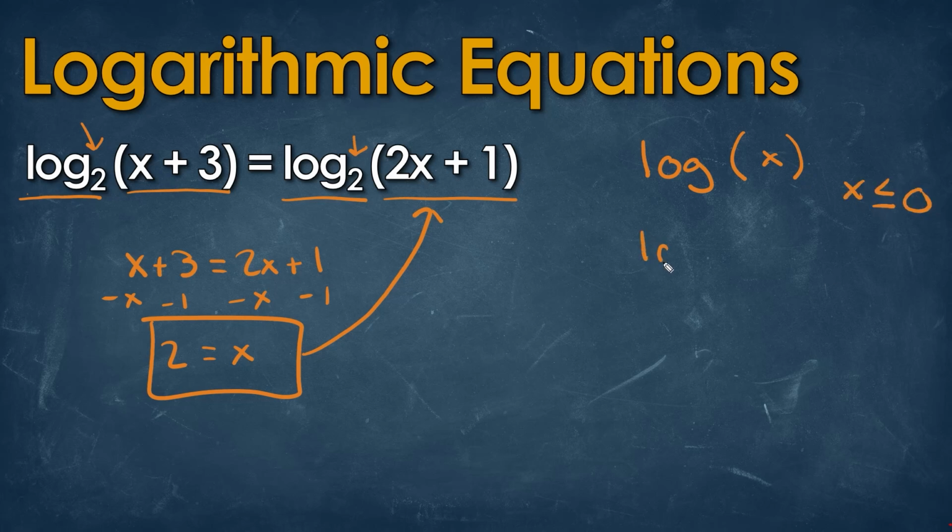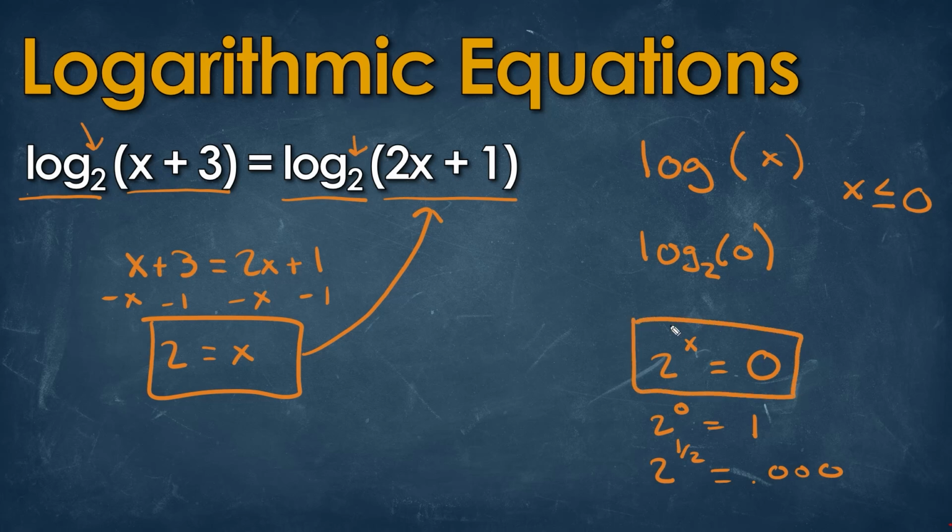If we had log of 0, we would have to think of this in terms of base 2: 2 raised to a power would be equal to 0, and you can't have that. 2 to the 0 is equal to 1, and any negative power will just give a fraction less than 1. So it can never be equal to 0. You can never take the log of a negative value, based off of the assumption of what an exponent is.